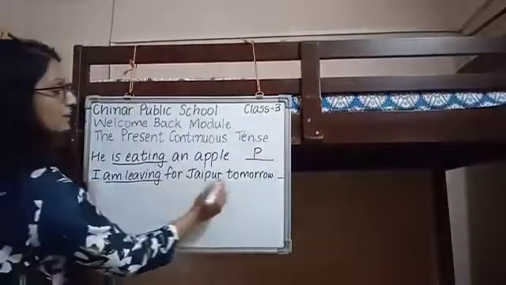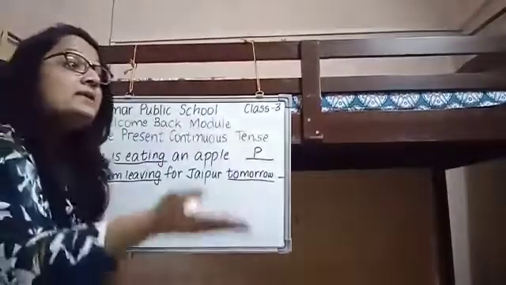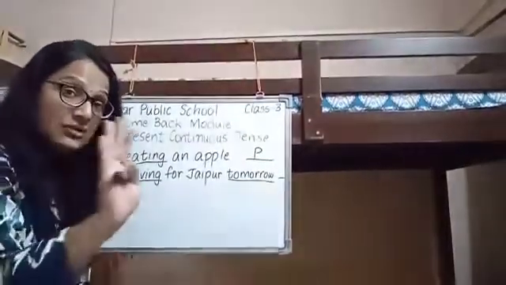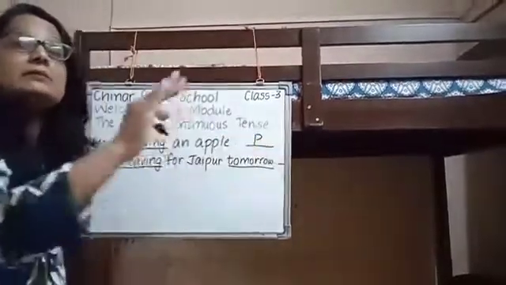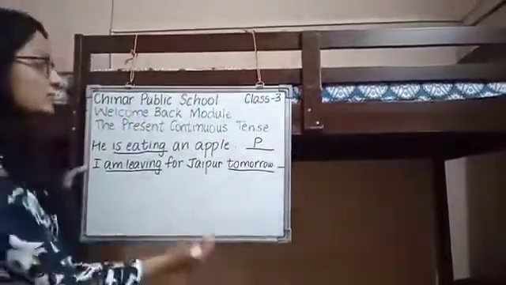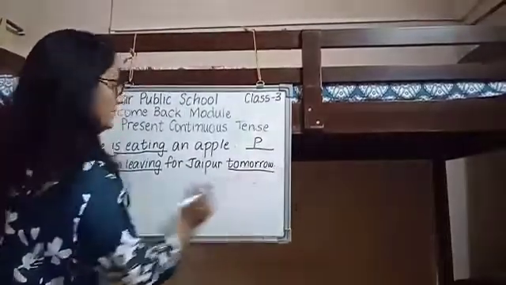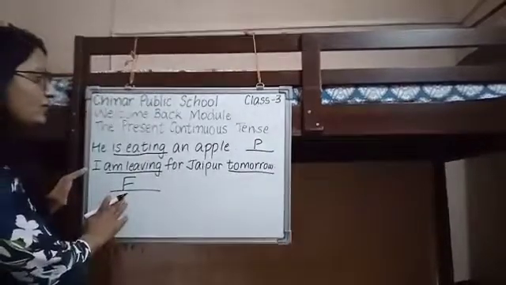Then tomorrow, that is, the action has not yet happened. It will happen sometime in the future. The time has not yet come. I will be leaving for Jaipur tomorrow. So it can also represent the future time. So we can write down F for it.